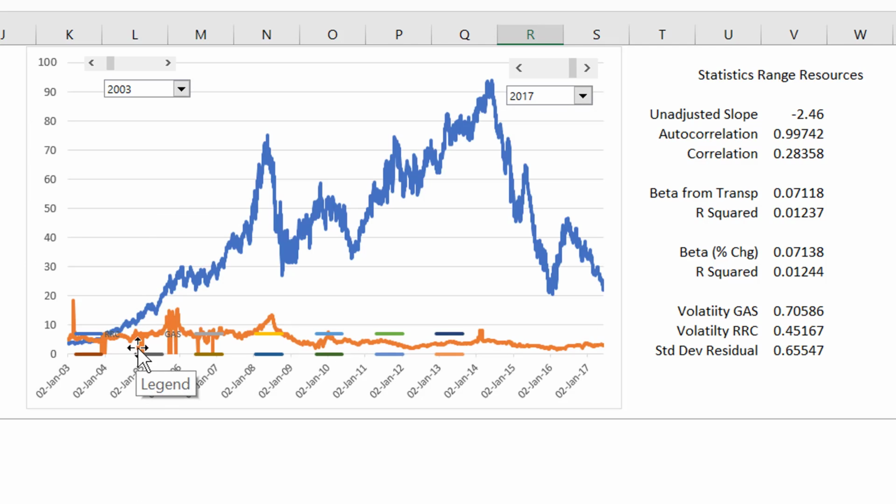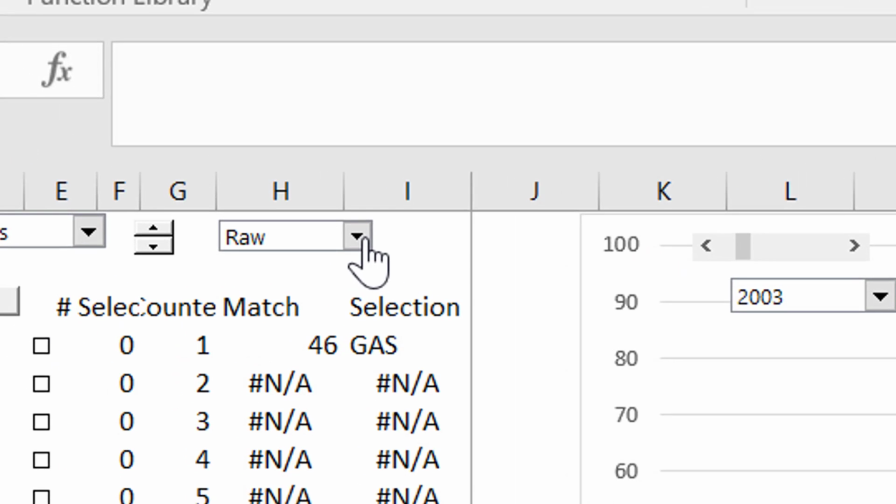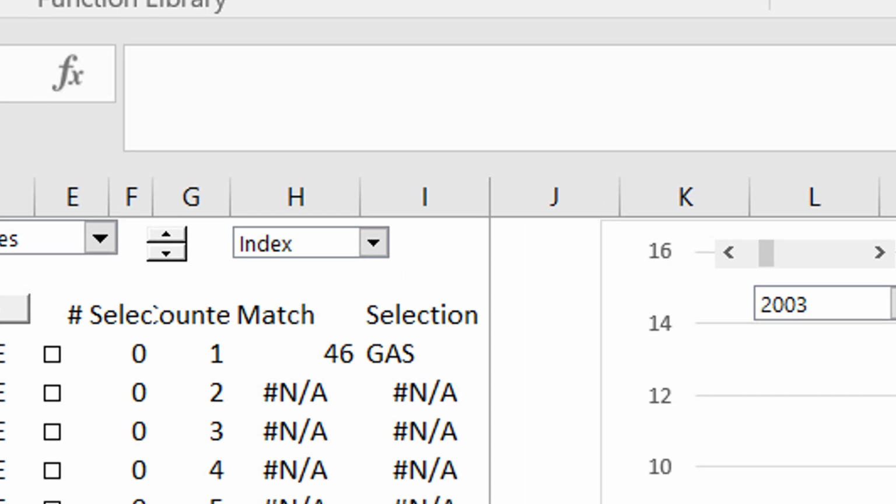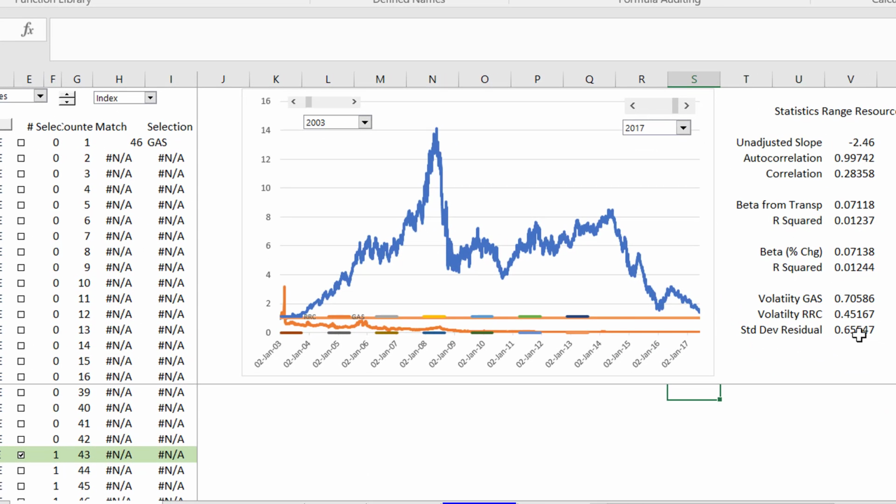You see these little zeros in the raw index. I didn't make an adjustment for those. I'm just explaining what happened here. So instead of the raw number, let's put the index number, and I'm looking at the volatilities. The volatilities, well, they're not supposed to really change.